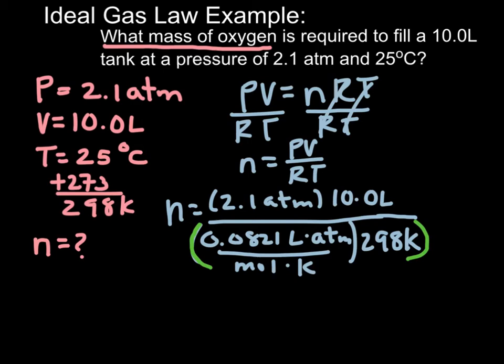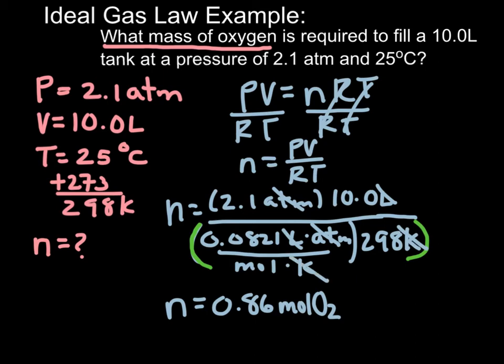When you do this, you get an answer of N is equal to 0.86 moles of oxygen. If we go back up here and look, our atmospheres canceled, our liters canceled, and our Kelvin canceled, leaving us with only moles, which is what we were looking for.